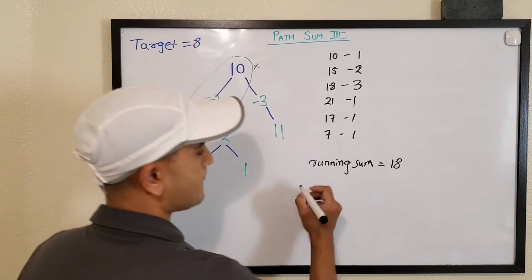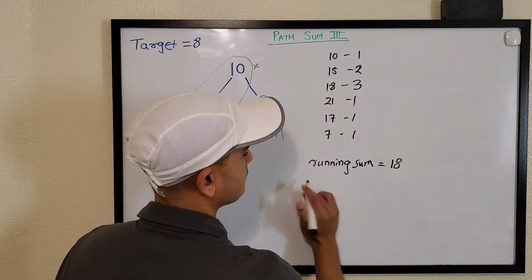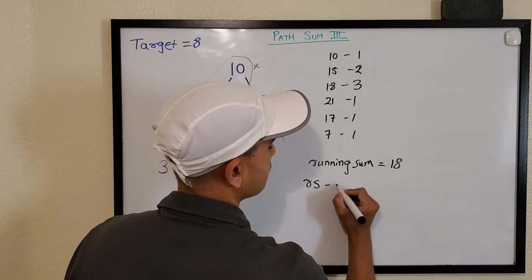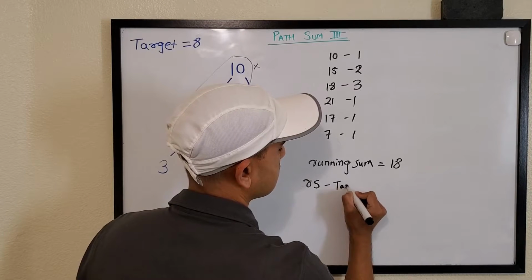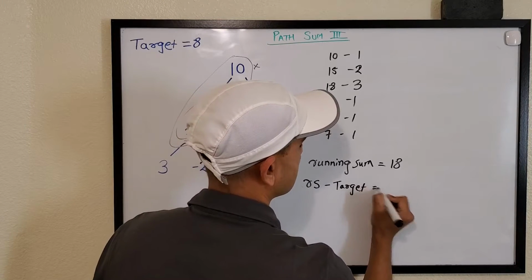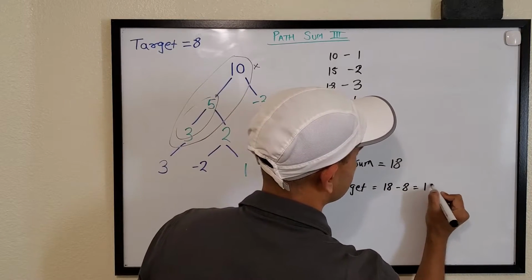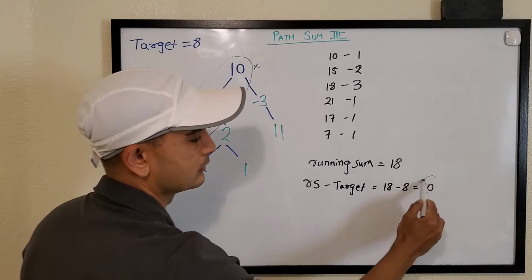So what we do is we take this running sum. I'll just write rs, running sum, minus our target. So this will be 18 minus 8, and that gives us 10.